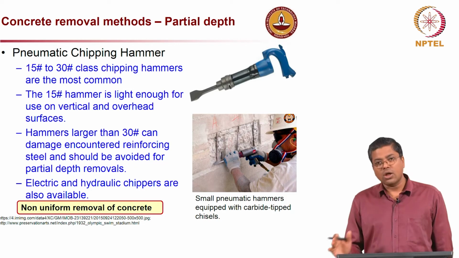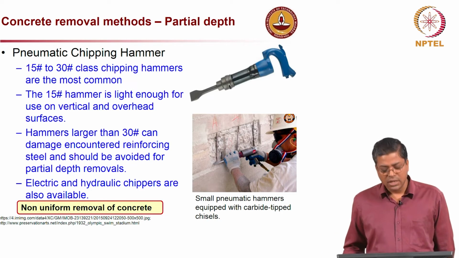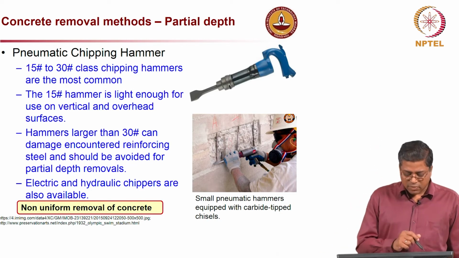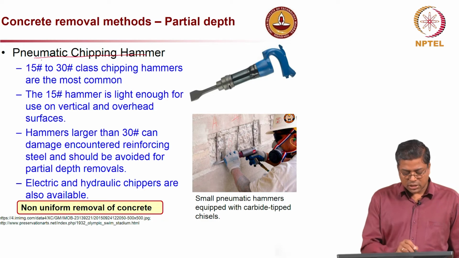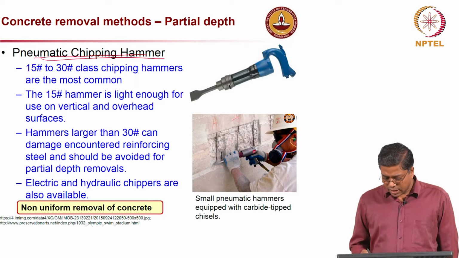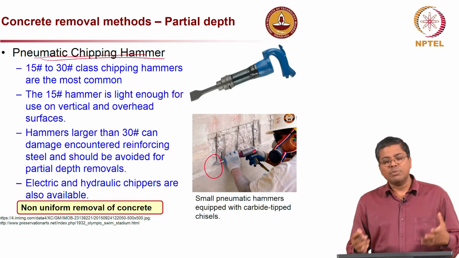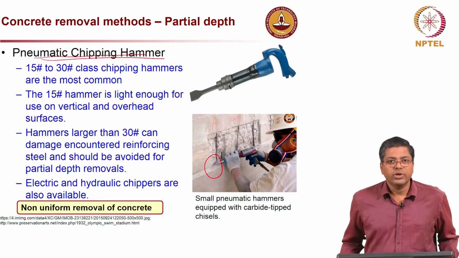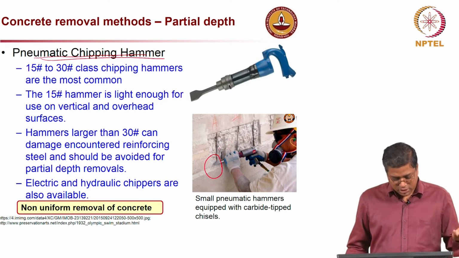So, if you think long term, having good tools always helps. This is one such tool, a pneumatic chipping hammer: basically air pressure, and then you have a hammer. It is a replacement for the chisel which we used in olden times, and still use.